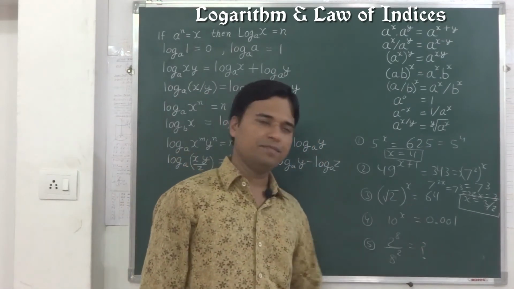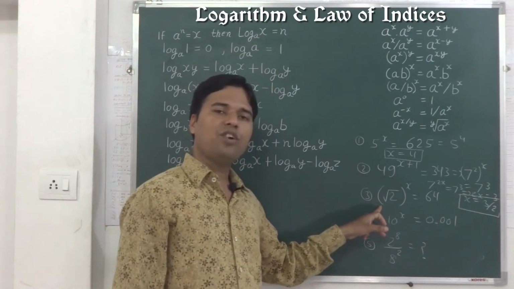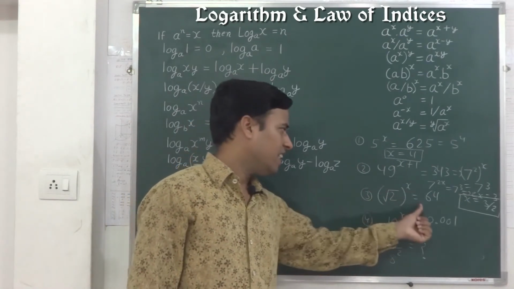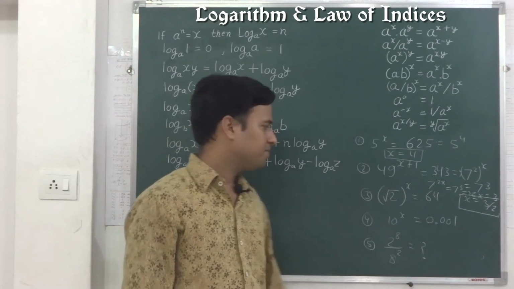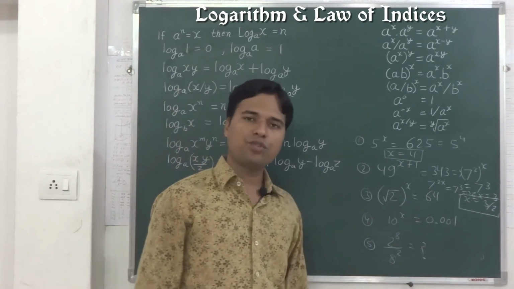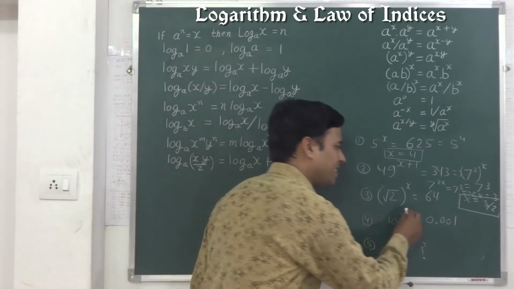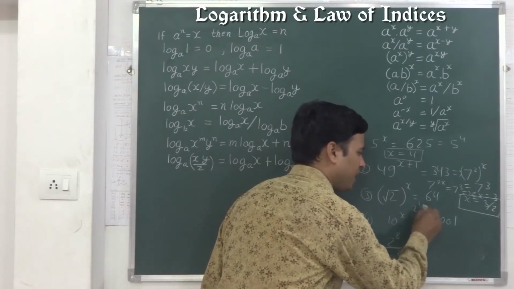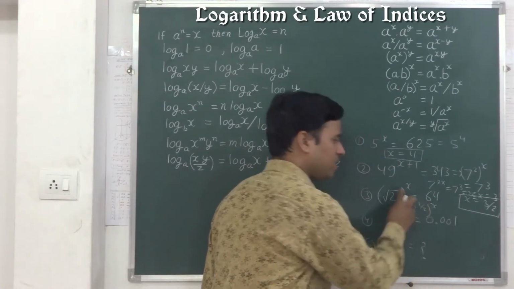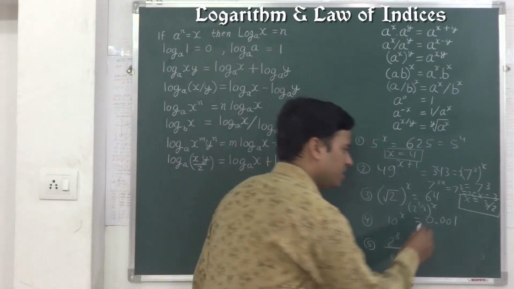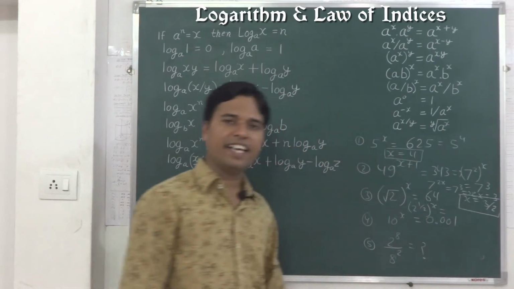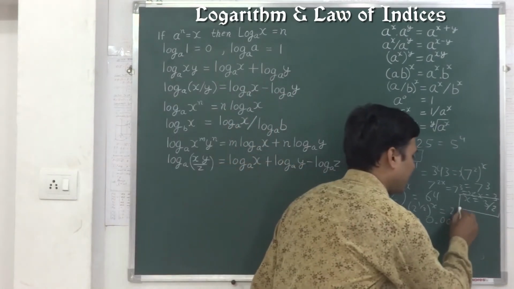In the next problem, square root of 2 power x is equal to 64. Square root of 2 can be written as 2 power 1 by 2 whole power x. Then 64 can be written as 2 power 8.